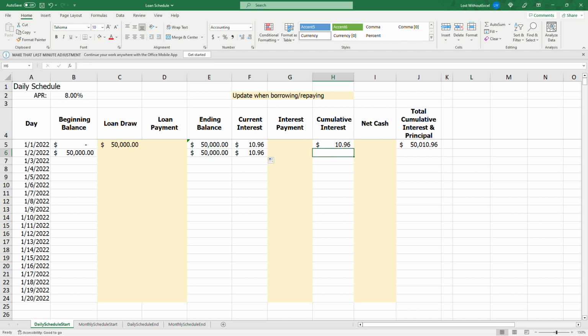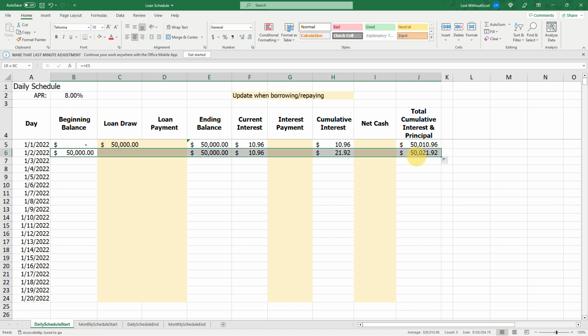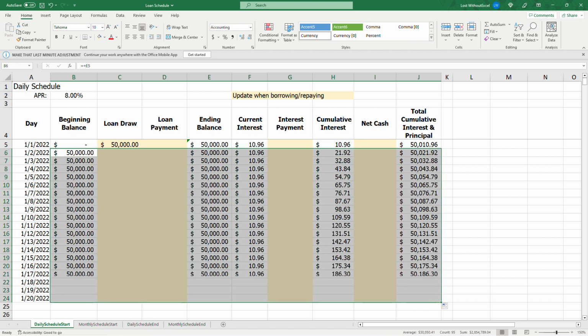But in this case, the cumulative is a little different: we're going to start with yesterday's balance plus today's interest. And then this over here isn't going to change either. So the first row's formulas are a little different than everybody else's, but for the second row, we can copy that down.